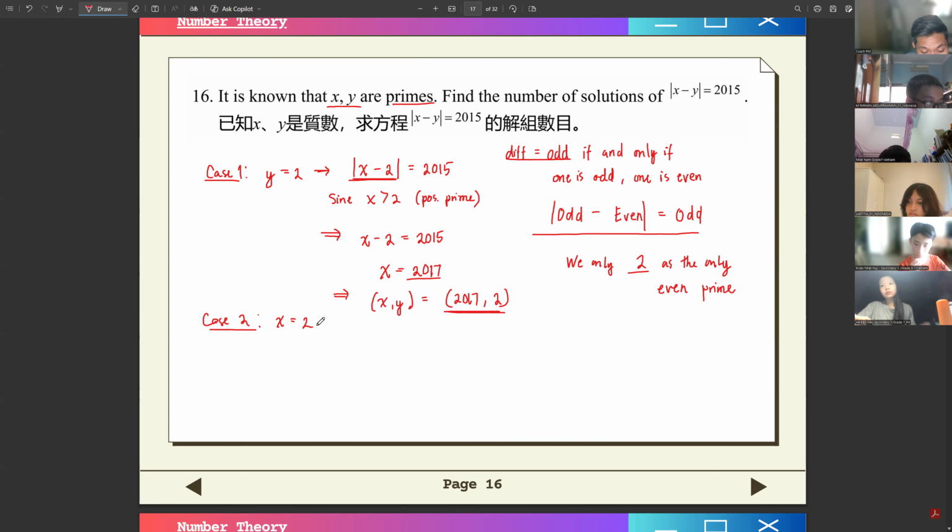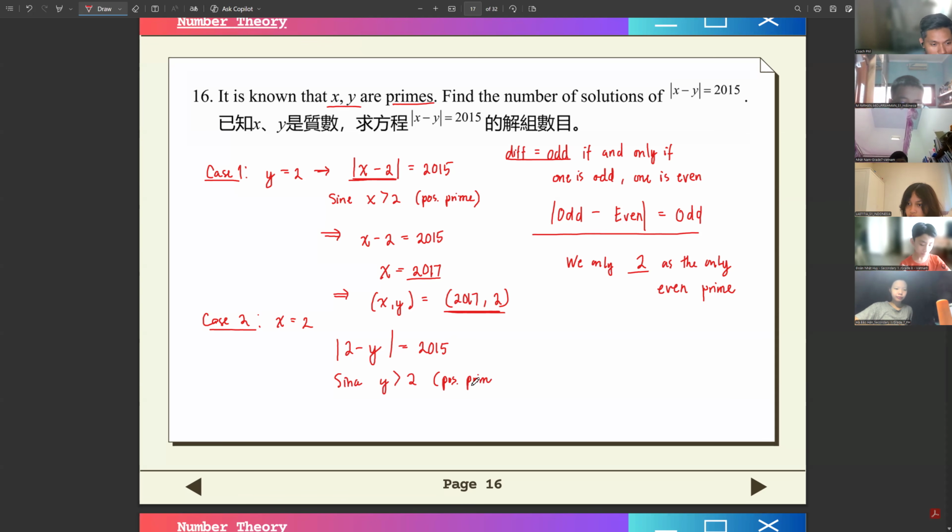Okay, let's do case 2. Our absolute value equation becomes the absolute value of 2 minus y when we substitute x is equal to 2, is equal to 2015. Again, y is greater than 2, because it's a positive prime number. Meaning, this would become a negative value.